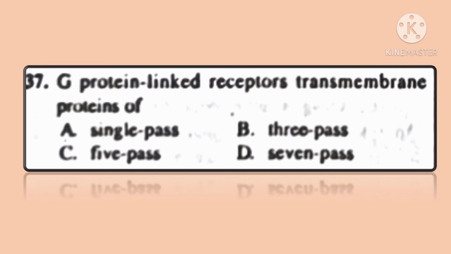G protein linked receptors are transmembrane proteins of option A single pass, option B 3 pass, option C 5 pass, and option D 7 pass. So do you know the structure of G protein linked receptors? They are transmembrane proteins which have 7 passes or 7 helices.